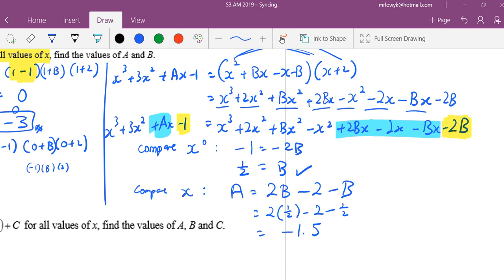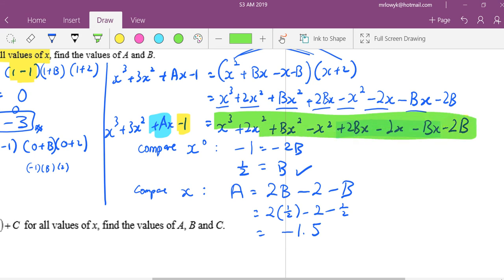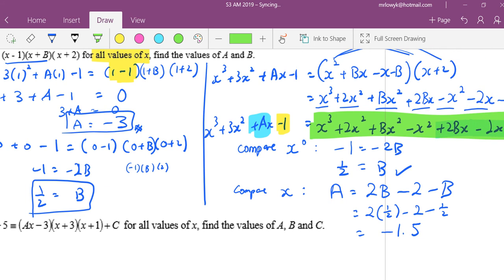Where did I do wrong? Class, can you help me check my expansion? Is it correct? Then what is wrong?